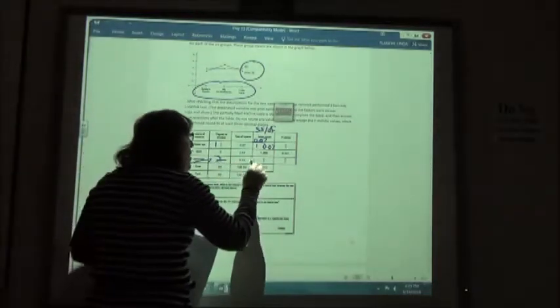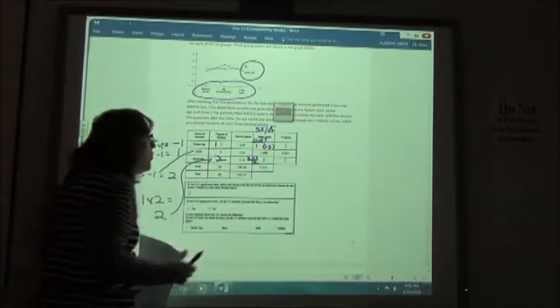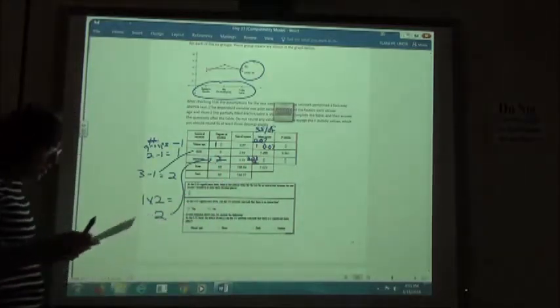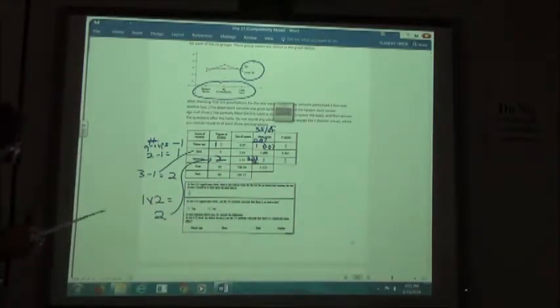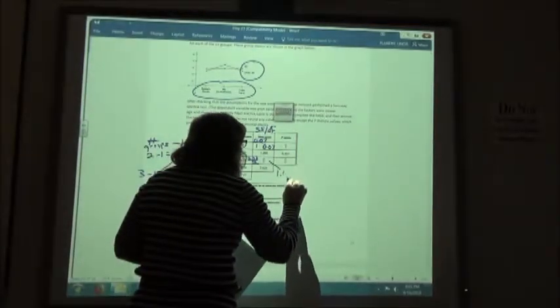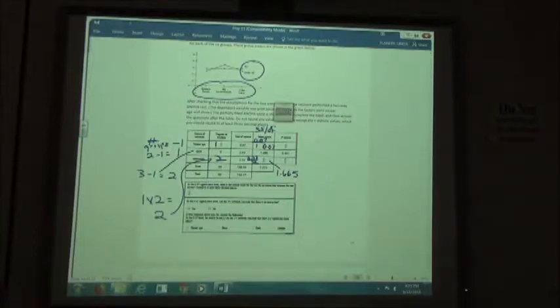On the next one, we're going to take our 3.33 divided by 2, the sum of the squares divided by the degree of freedom. 3.33 divided by 2 is 1.665.